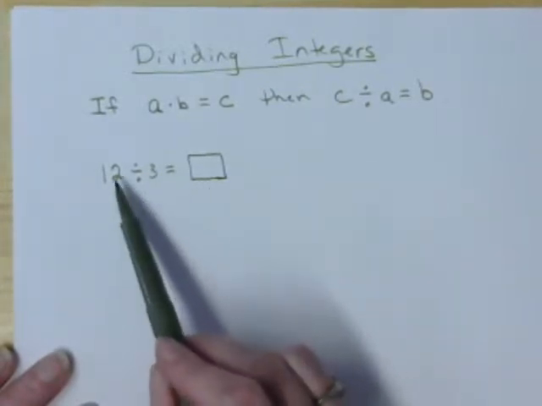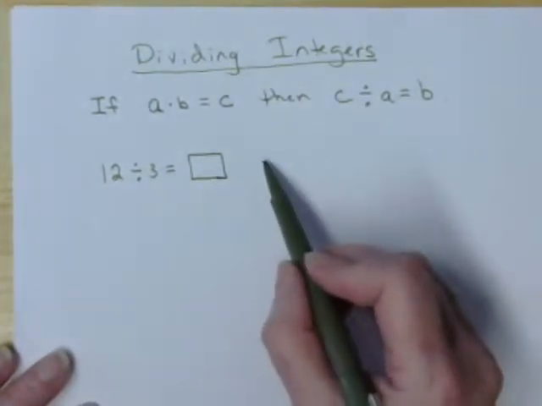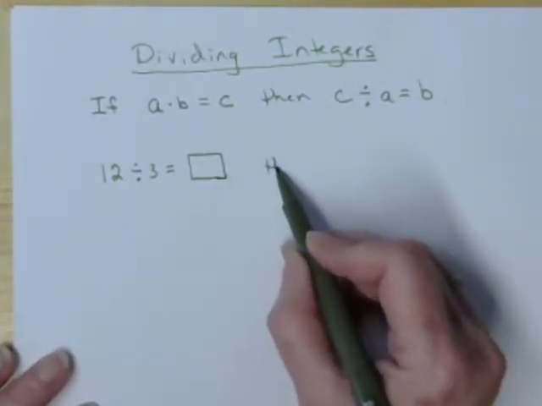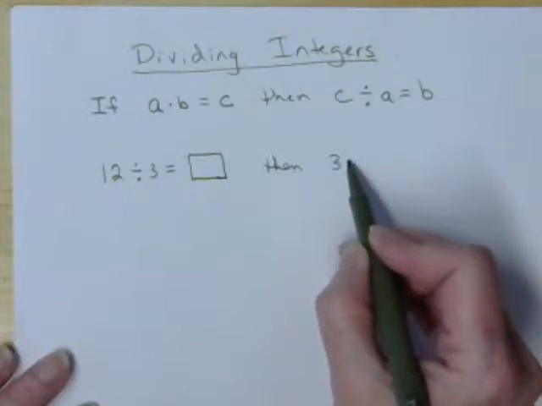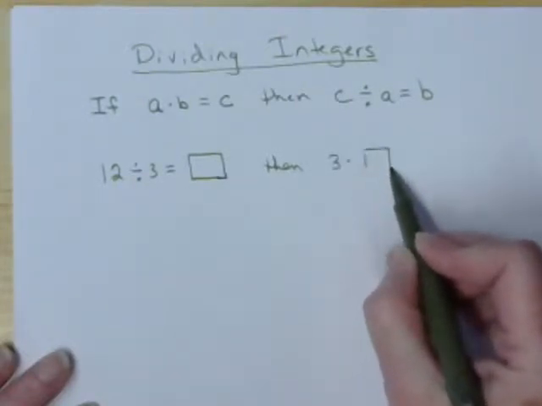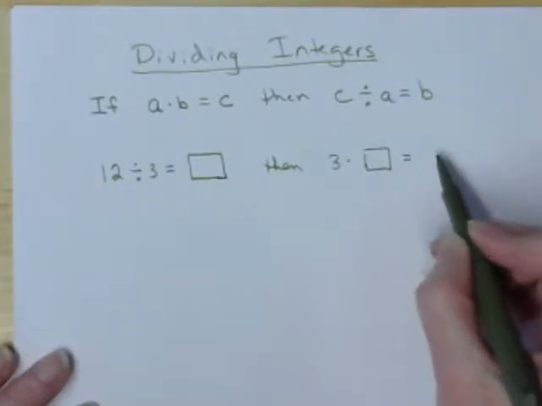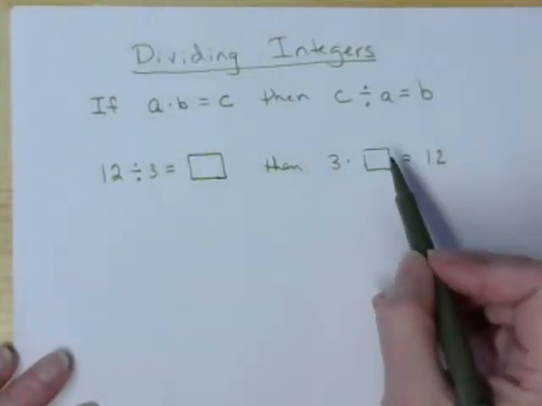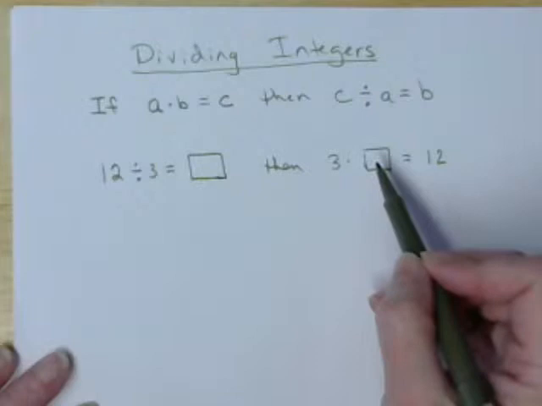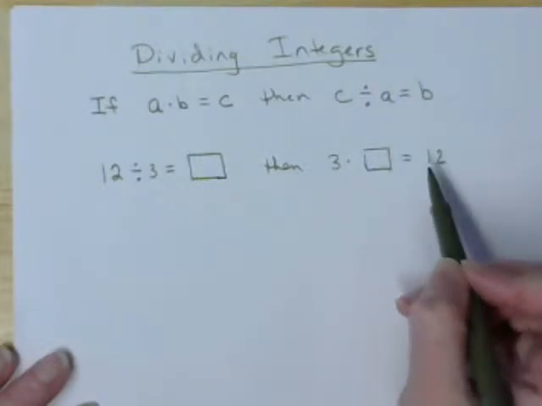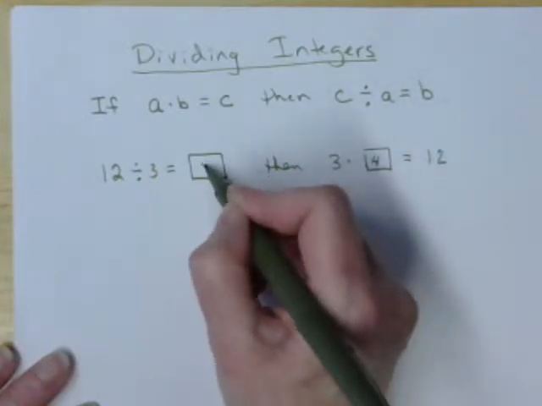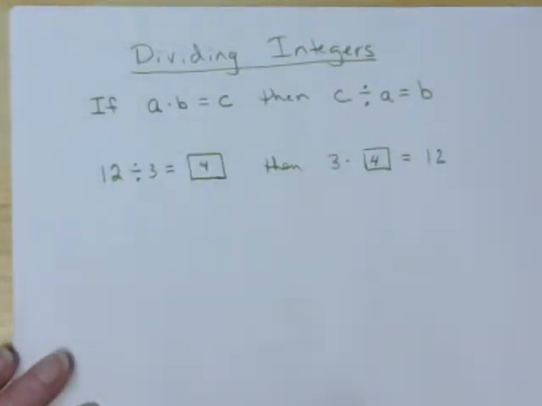So if 12 divided by 3 is equal to some number, then that has to correspond to the multiplication fact that goes with it: 3 times what number gives you back 12? In other words, what would you have to multiply by 3 to get 12? We know the answer is a positive 4, so that has to go there as well.